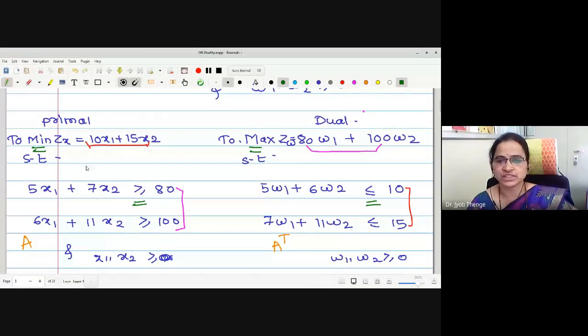What changes have we observed here? There is a change in the objective function, maxima to minima. Whatever are the costs involved in the primal objective function of the first LPP work as the right hand side constants in the second one. Same for the dual LPP as well, that is for the associated LPP.